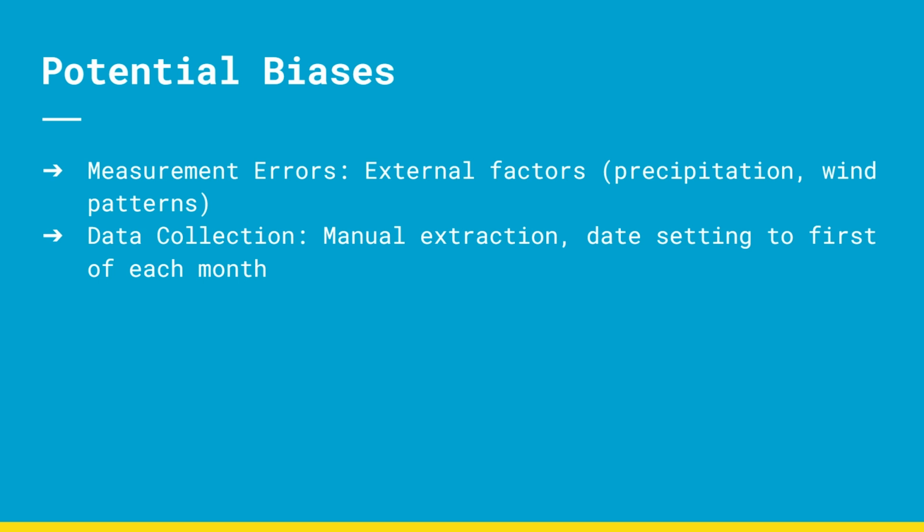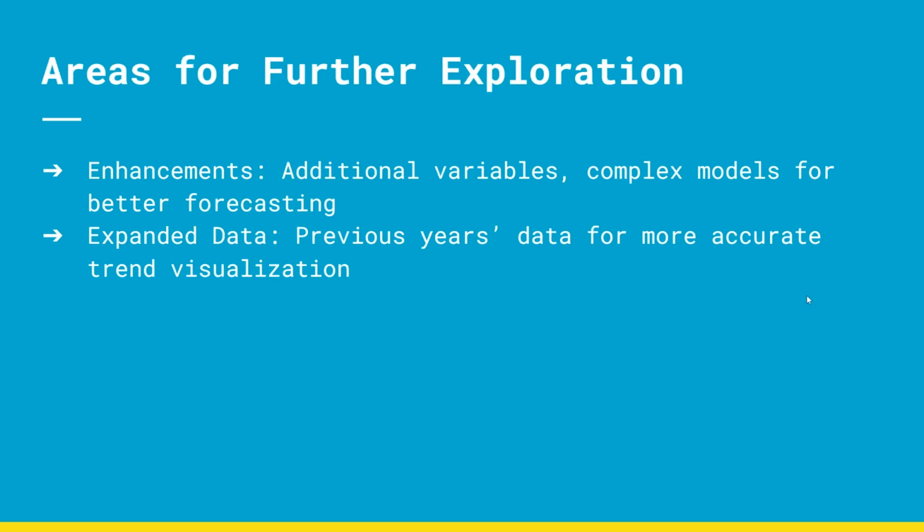So maybe going back and recording the specific date for those recordings would give a variation of plots, a little bit different, but we can only tell if we did that.